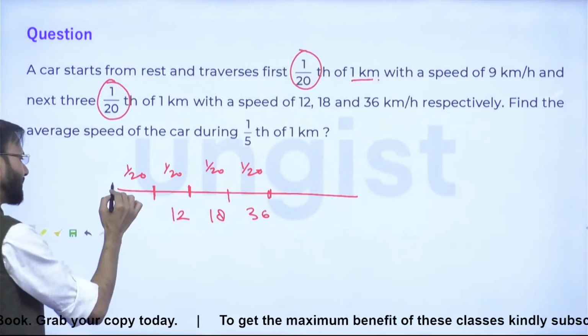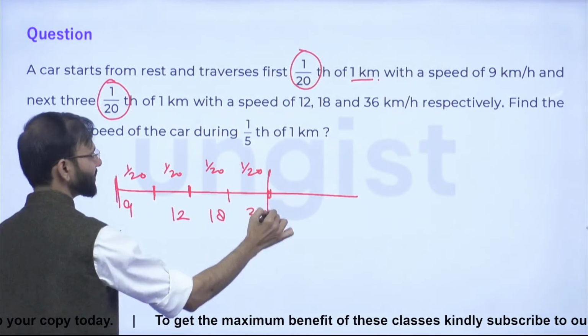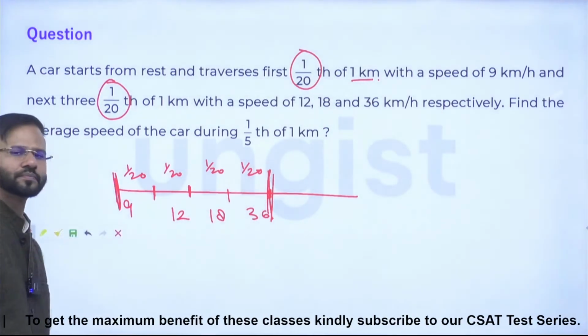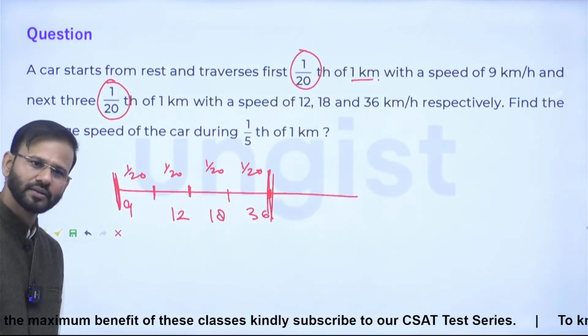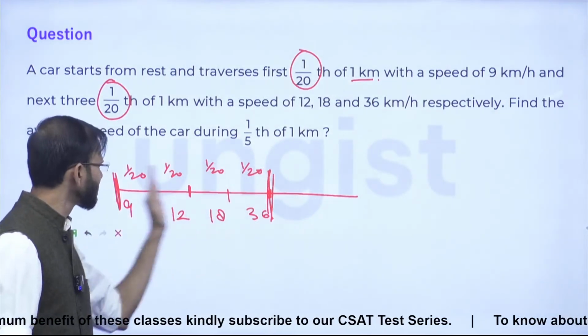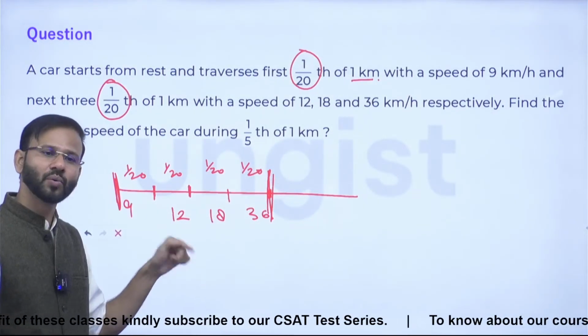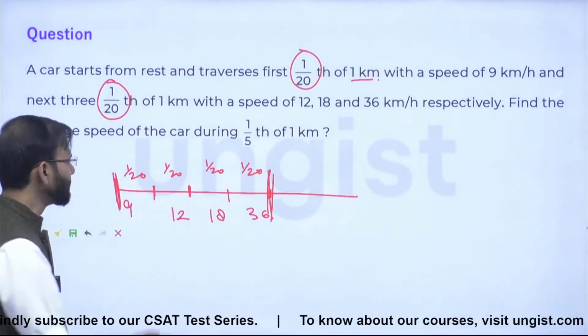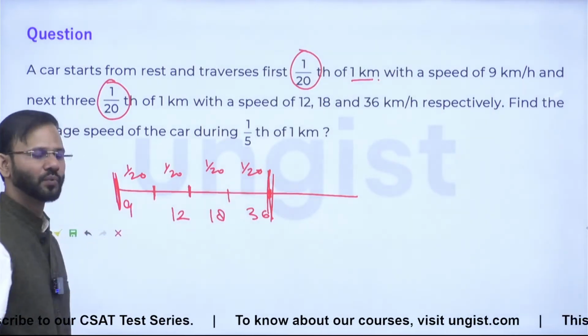In this question, the data is given only for this part. And what are they asking? 1/5. They are asking the average speed only for this part. Why?